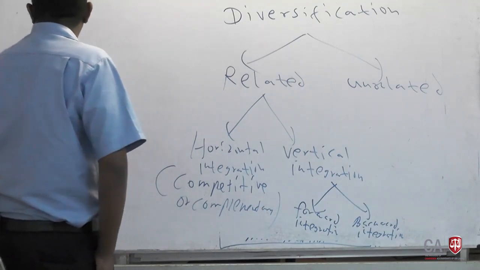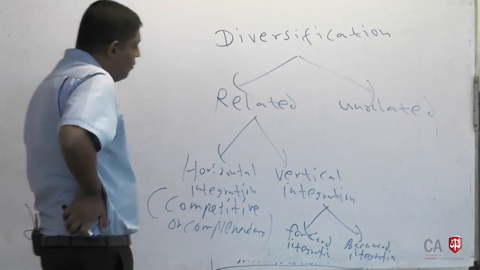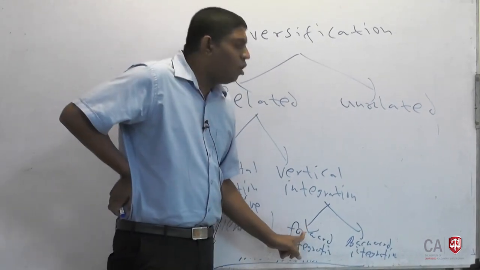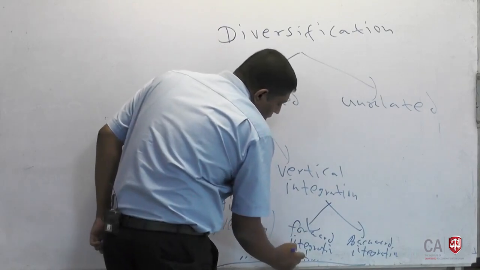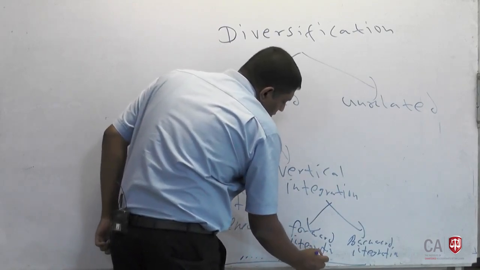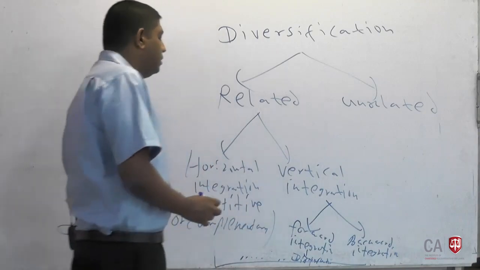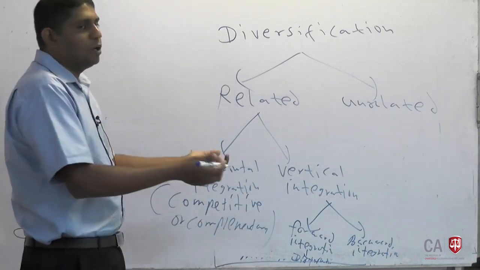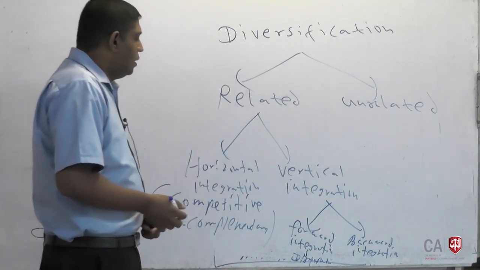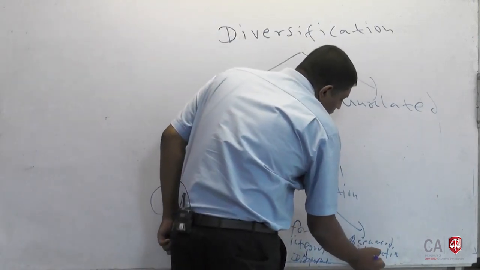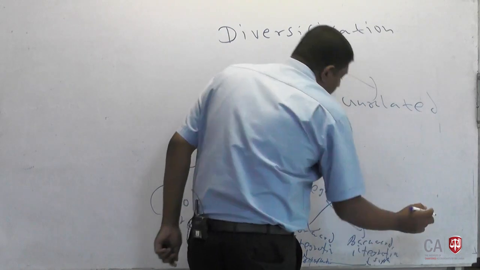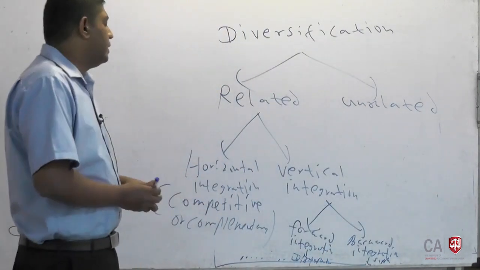So, here, if you try to perform the work of the distributor, that is an example of forward integration. Here I assume you are a manufacturer, right. If you try to do the work of the supplier, that is an example of backward integration.